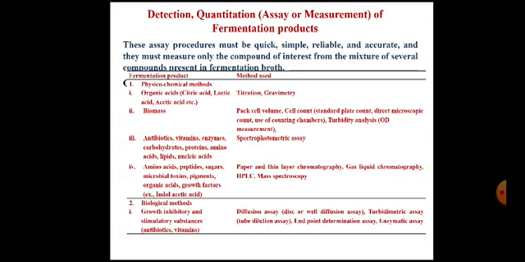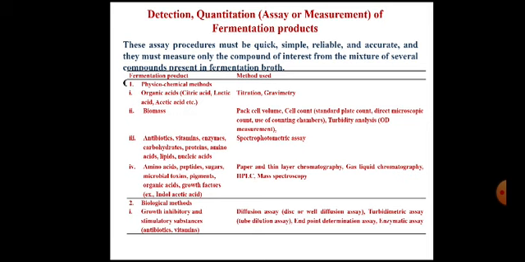Then, in the category of biological methods, the compounds which can be quantitated using biological methods are either growth inhibitory substances or growth stimulatory substances. That means these methods are useful for the quantitation of antibiotics and of substances like vitamins or other growth factors.